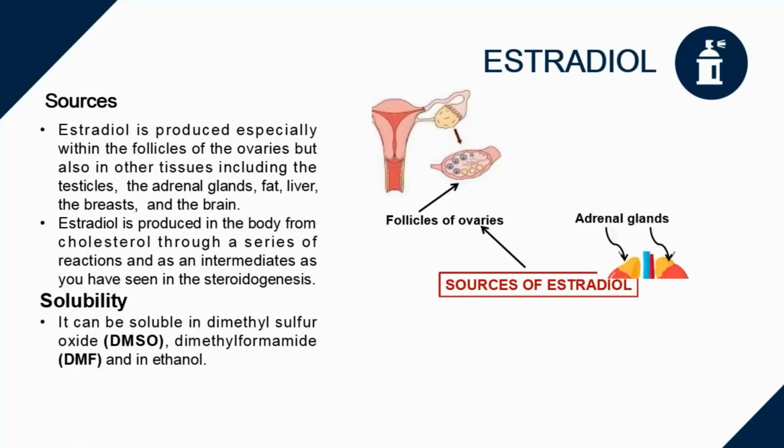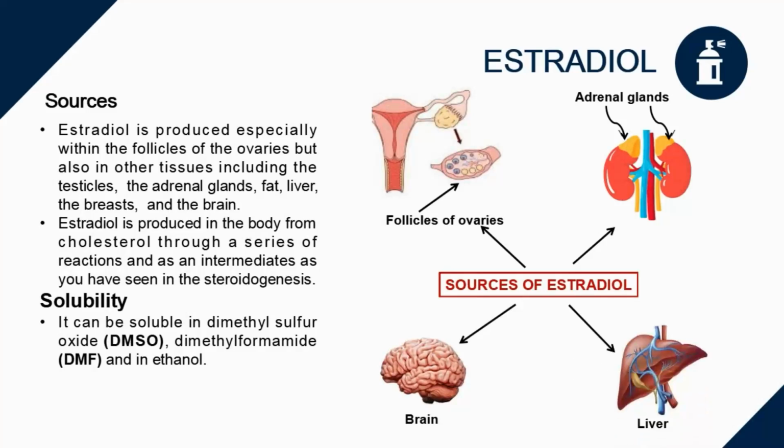Now we discuss the sources, uses, and solubility of estradiol. It is produced especially within the follicles of the ovaries, but also in other tissues, including the testicles, the adrenal glands, fat, liver, the breast, and the brain.